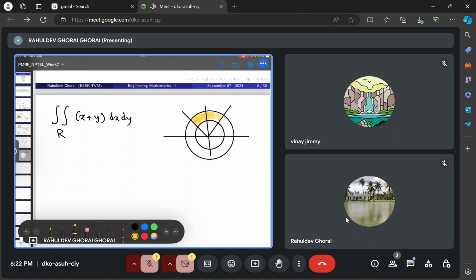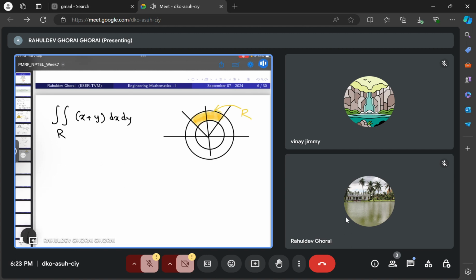Do you understand what R is? Over this area, you have to find the integral. I mean, you have to integrate the function x plus y over the domain I have drawn, the domain I colored with yellow color. This will be R.